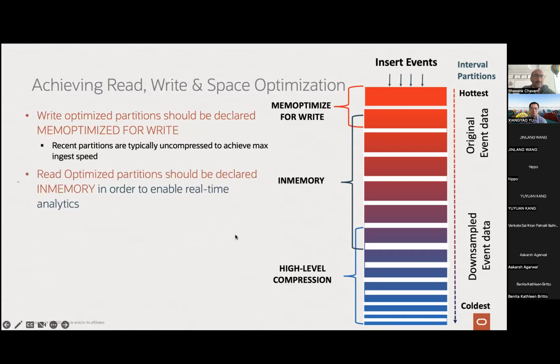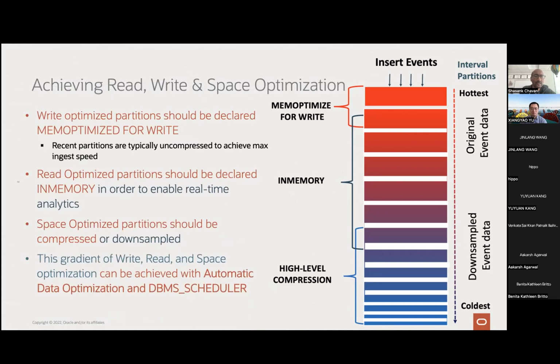And I think I have a point over here. Yeah, right here at the bottom. Okay, so this gradient of write, read, and space optimization is achieved with something that we call automatic data optimization and a DBMS scheduler. What these two things do is allow you to create a policy, if you will, that says after 1 hour of no writes or no updates to this event, compress it.